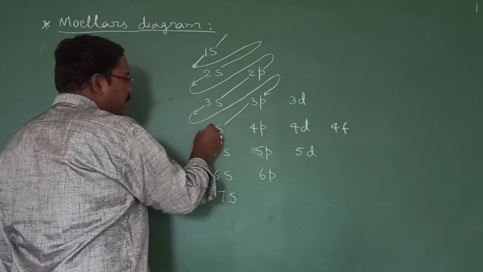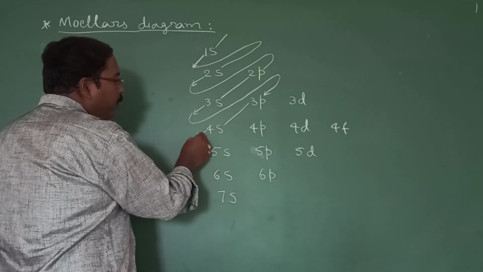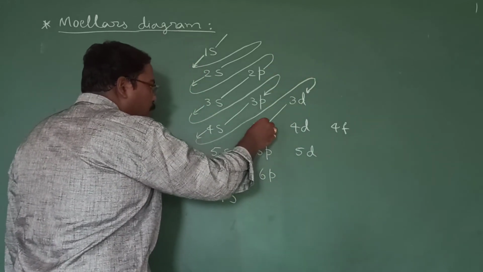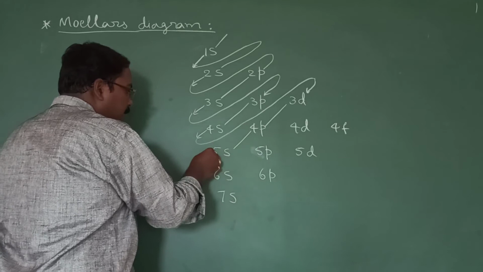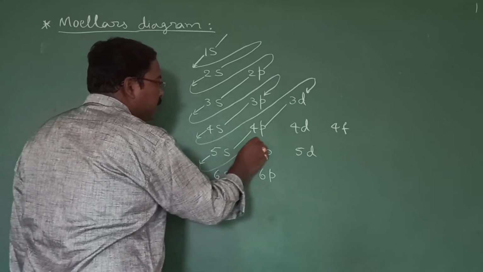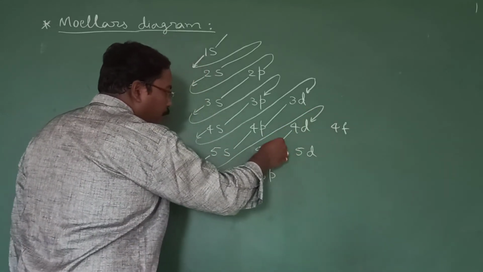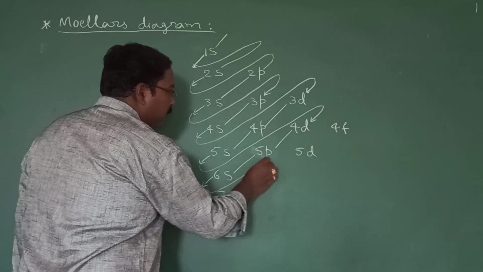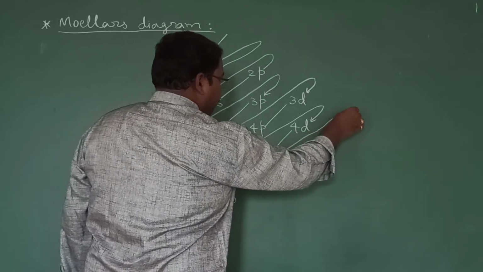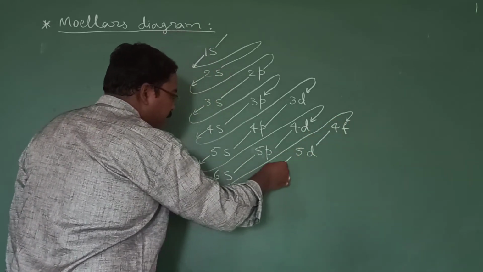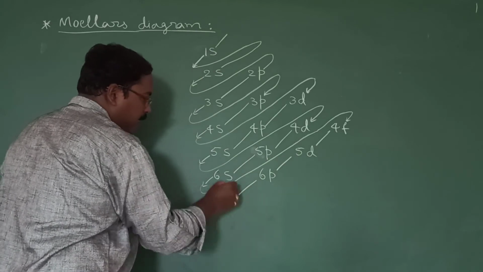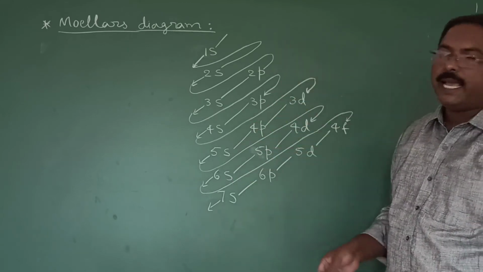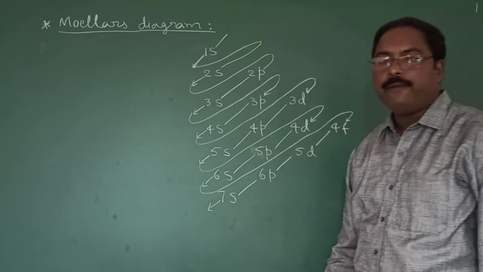Then the 4s orbital. After filling 4s, the electron goes to 3d, 4p, 5s. After filling 5s, then 4d, 5p, 6s. 4f, 5d, 6p, then 7s. The continuation of the diagram will be in the same manner, but there is no need for that big a diagram. So for understanding, I gave it like this.